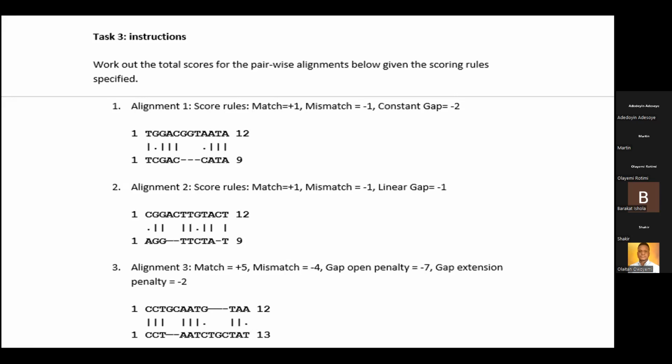So the formula we're using is G, the total number of gap, equals opening gap plus extending gap times length of gap minus 1.